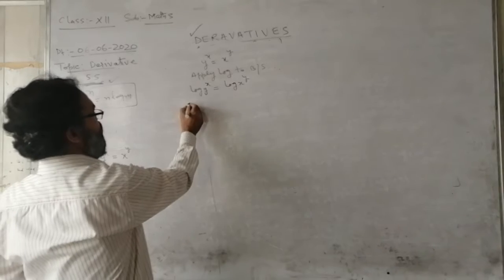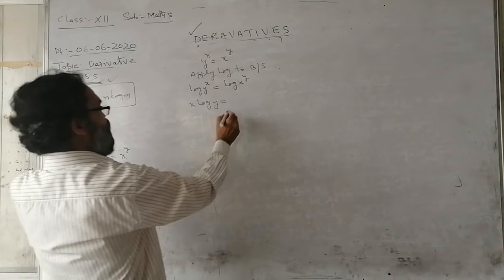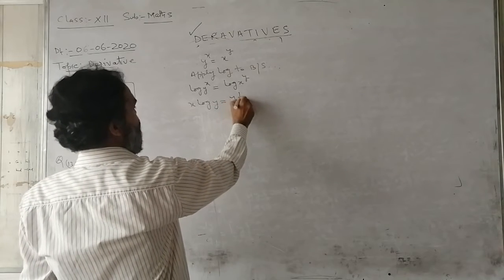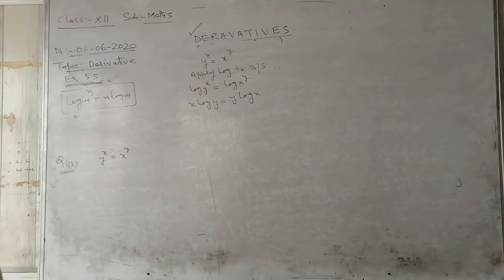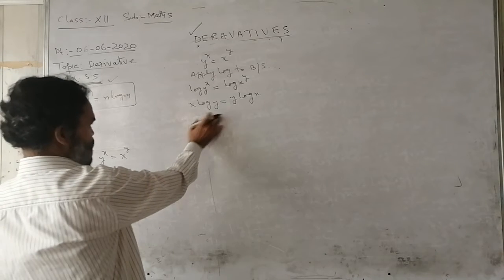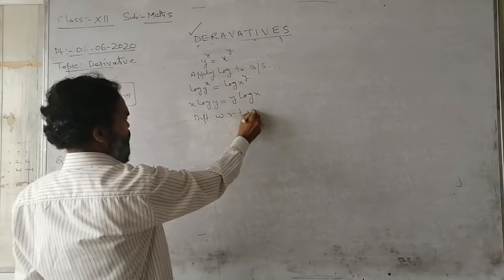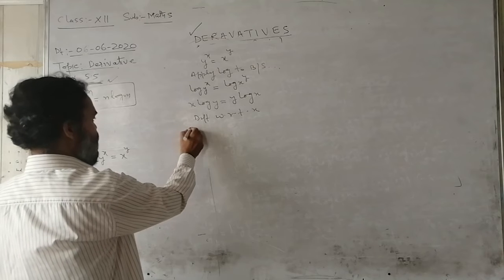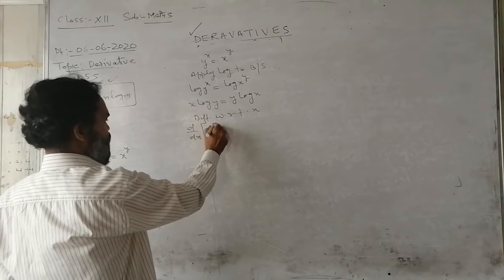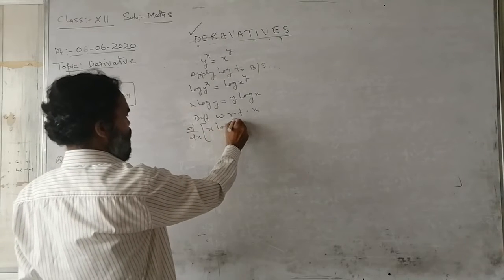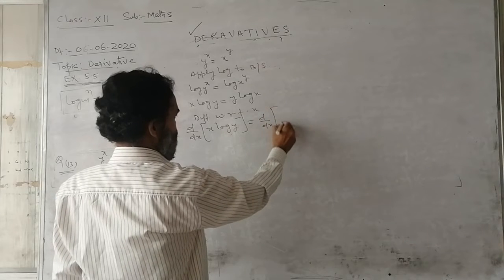This exponent will be written in this way. Now, if I differentiate both sides, so d upon dx of x log y, and this will equal d upon dx of y log x.